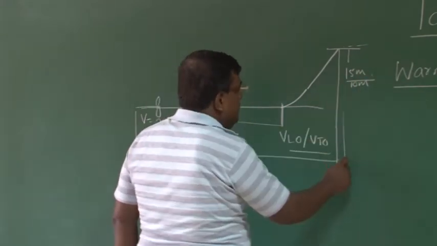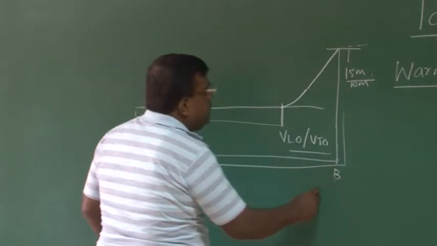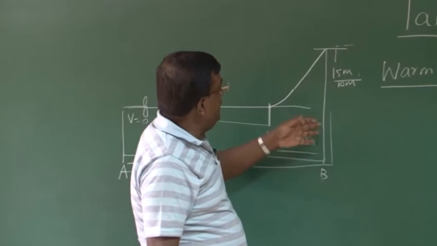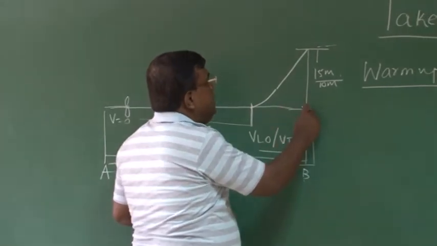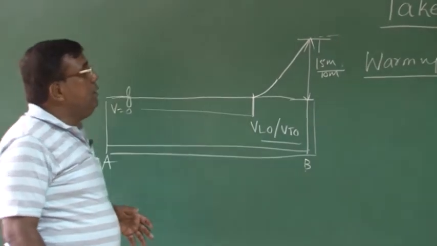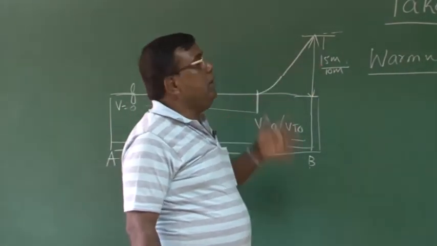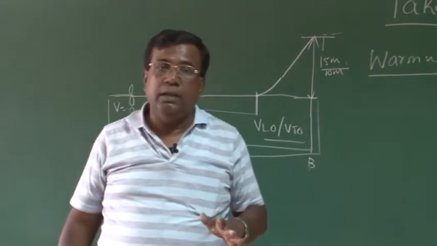So this distance from here to here, that is A, B, subject to it having cleared this height, which is 10 or 15 meters depending upon the type of airplane, which is also called screen height, then only we say the takeoff is done.